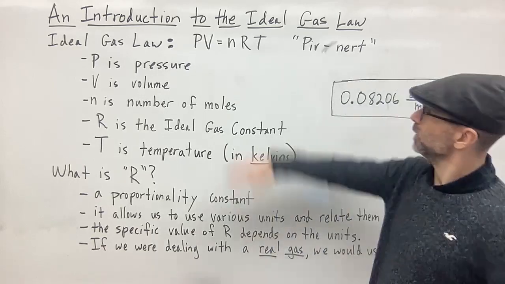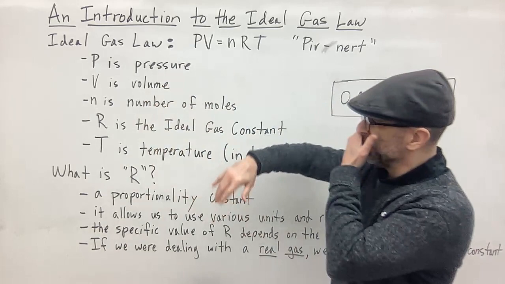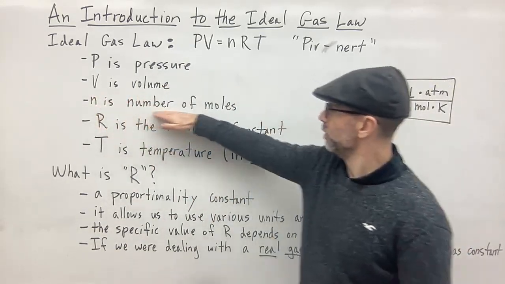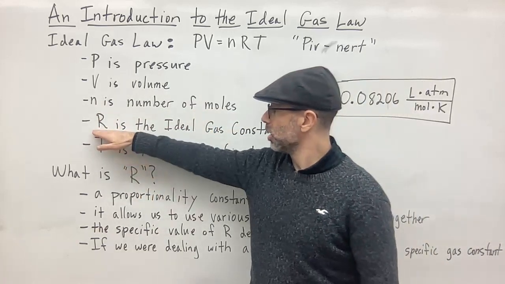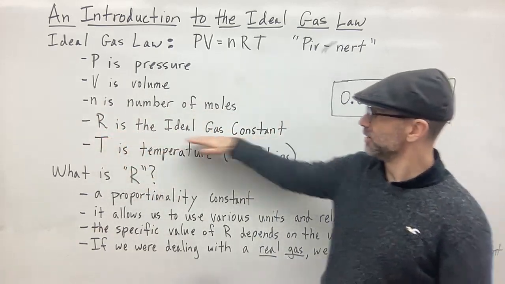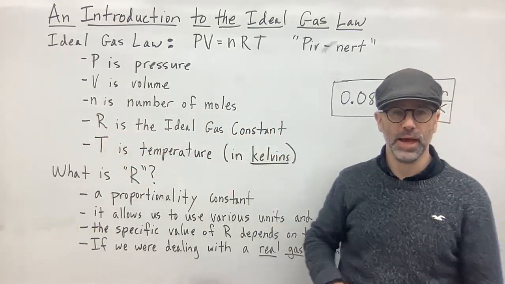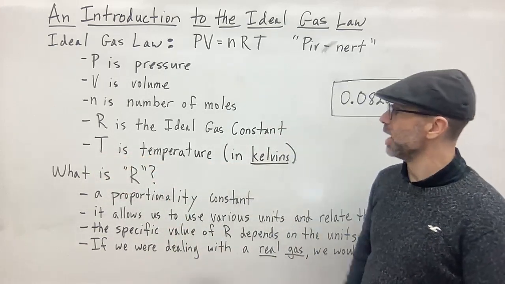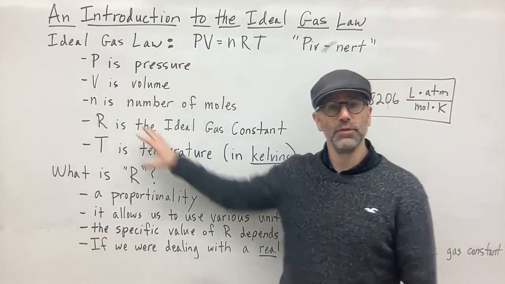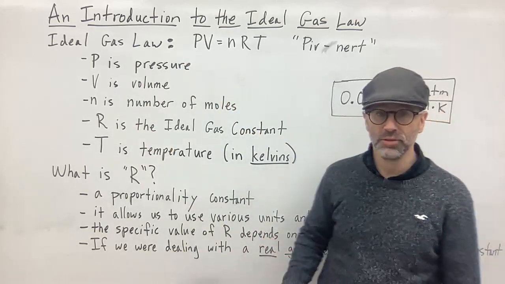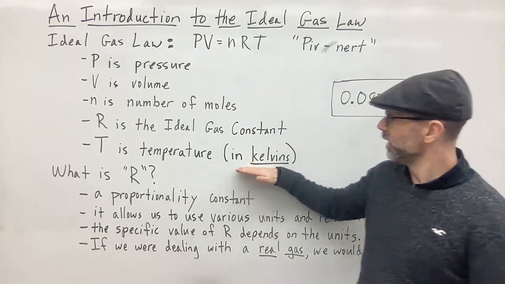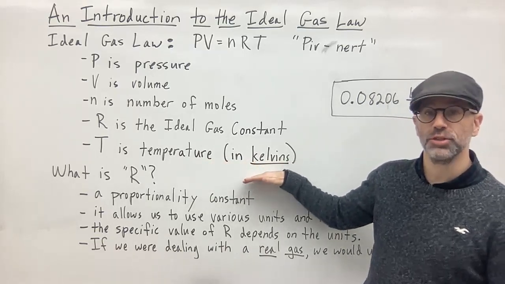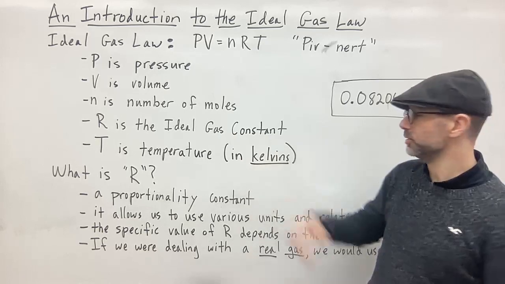P is for pressure, V is for volume, n is for the number of moles, R is the ideal gas constant, and I'll talk a little bit more about that in a moment. And T is temperature in kelvins. Now, all of these can be in different units, but the temperature must be in kelvins when you're dealing with gas laws.